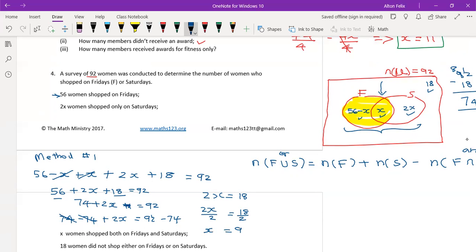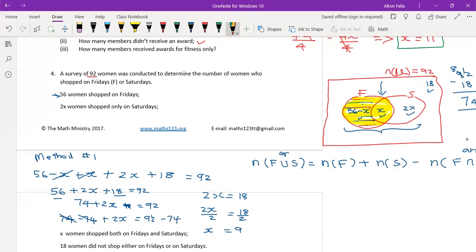Now, x represents what? x represents the number of women who shop on both days, Fridays and Saturdays. They want us to find the number of women who shop on Fridays only. So Fridays only will be this portion right here, outside here.